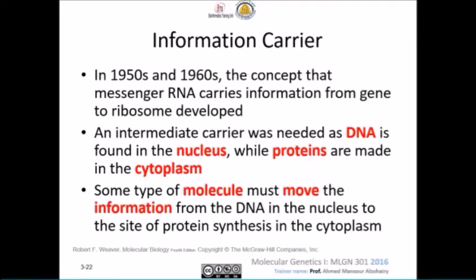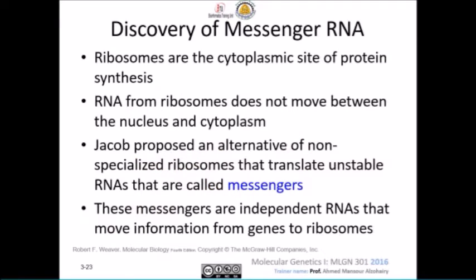In the 1950s and 1960s, the concept that messenger RNA carries information from gene to ribosome developed. An intermediate carrier was needed, as DNA is found in the nucleus while proteins are made in the cytoplasm. Some type of molecule must move information from DNA in the nucleus to the site of protein synthesis in the cytoplasm, and this led to the discovery of messenger RNA.